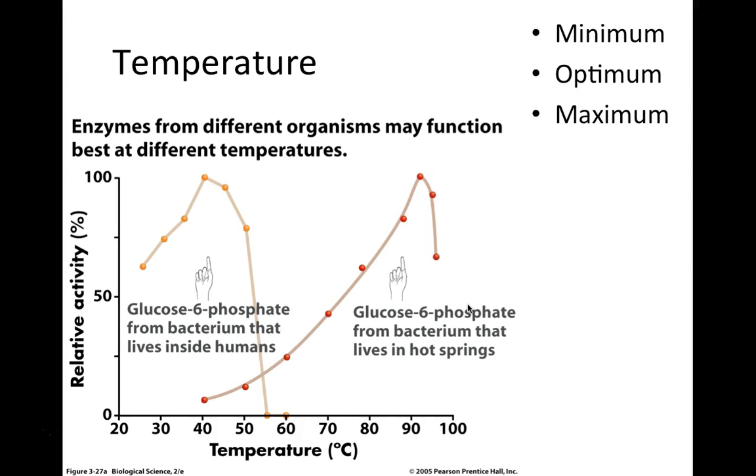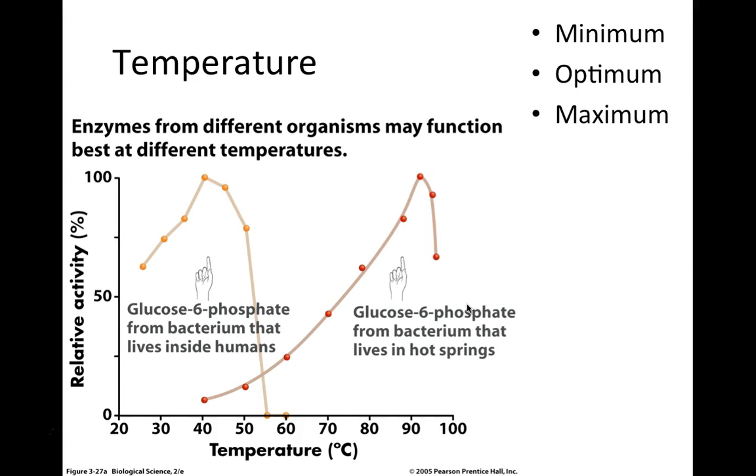Notice that we have two different curves of protein function or enzyme function. We call these curves essentially the functional curves, or the relative activity of the enzyme. And notice that the relative activity of the enzyme is plotted in percentages on the y-axis of this graph compared to the temperature changes that we've exposed the enzyme to.